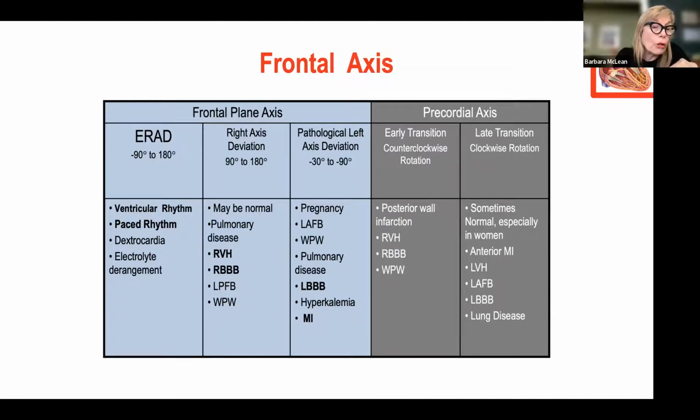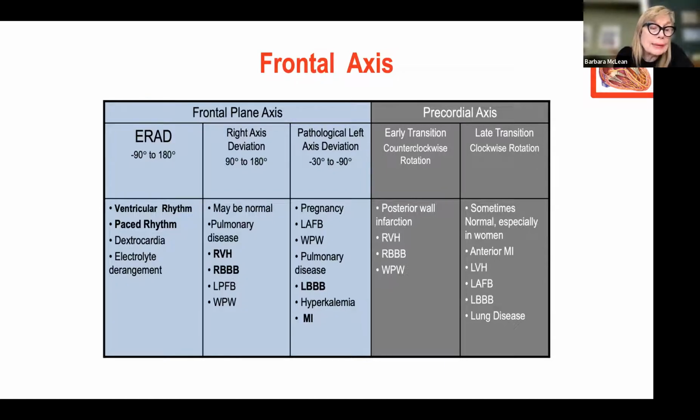Now, if you have only one fascicle blocked and it's posterior, it's going to be a little hard to diagnose that just from the fact that the patient has an RBBB. But a lot of times you will see other indicators that are really important with the posterior fascicular block.